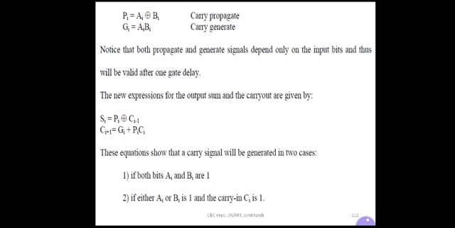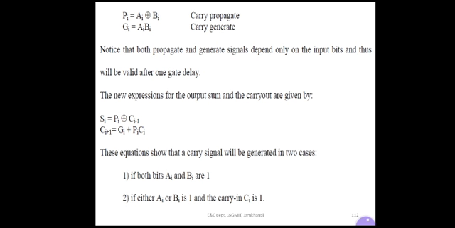These equations show that the carry signal will be generated in two cases. Observe, if both the bits A and B are 1, as we know, 1 plus 1 gives sum 0 and carry 1. So a carry is generated when both A and B are 1.